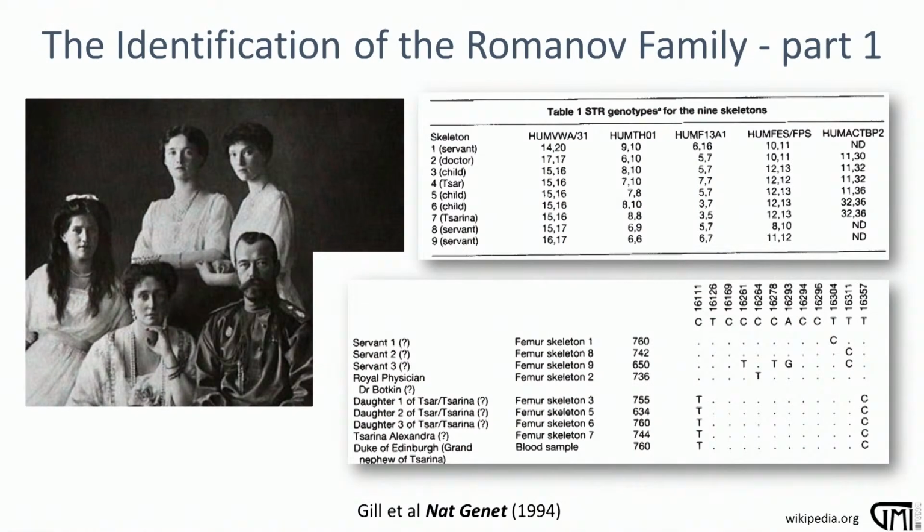Part one was when they found a mass grave with skeletal remains attributed to 2 adults and 3 kids, plus skeletal remains of those who were supposed to be the servants of the family. At these early times, they were using STRs, but only to describe the samples, not to perform statistical measurements or evidence.